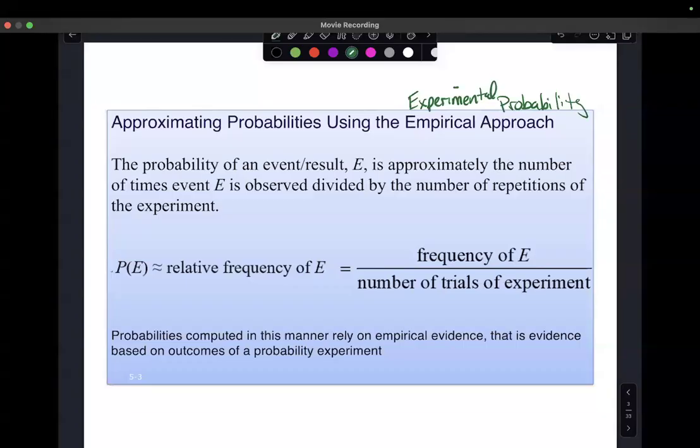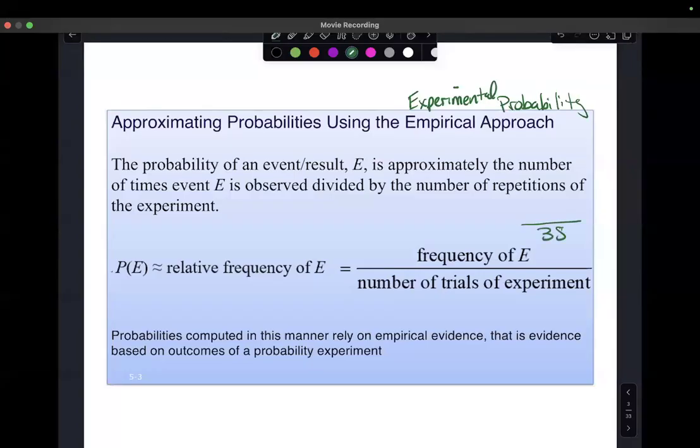So what we do for experimental probability is we just create a relative frequency. Remember, a relative frequency is how many times something shows up over the total number of items there are. So here it's how many times we got a success over how many times you performed the experiment. So let's say that I rolled a dice 35 times, and it's just a number I pulled out of my head.